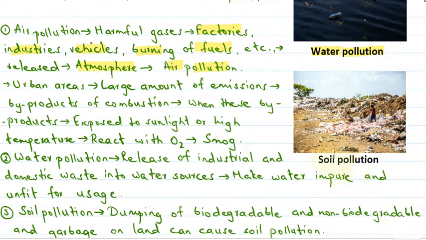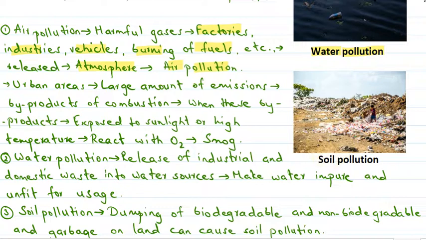So dumping of biodegradable substances, that is, those that can decay in soil gradually, and also non biodegradable substances that cannot decay in soil, along with garbage dumped on land, can all cause soil pollution.